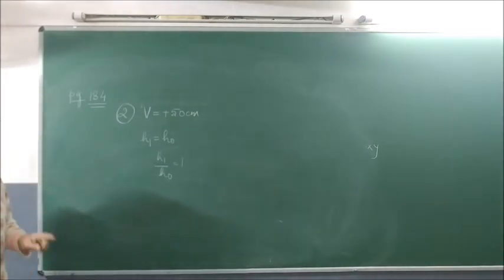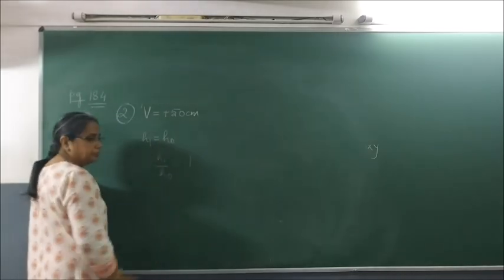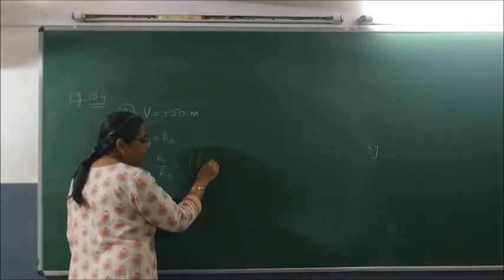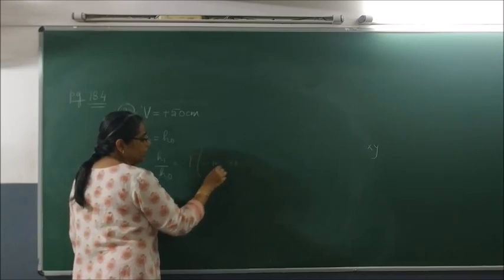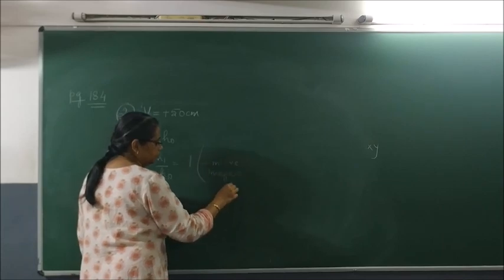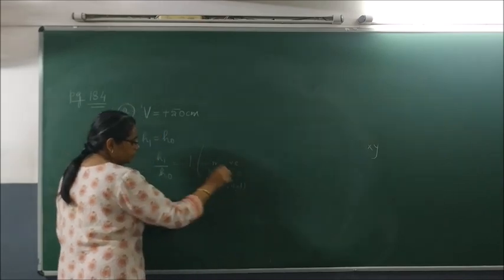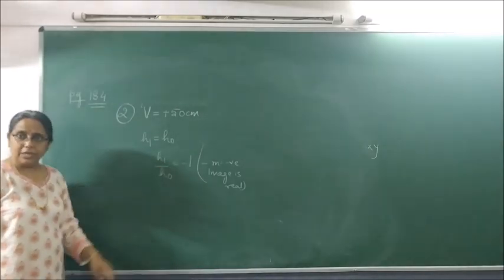But it is also told that the image is real and inverted, so this will become minus 1. Why did we add minus? Because magnification is always negative when the image is real. So hi/ho is equal to minus m.